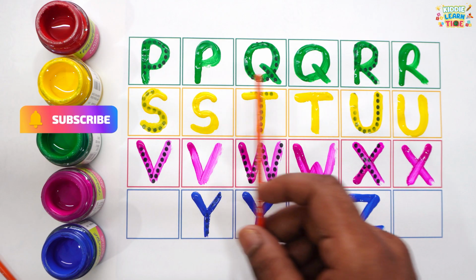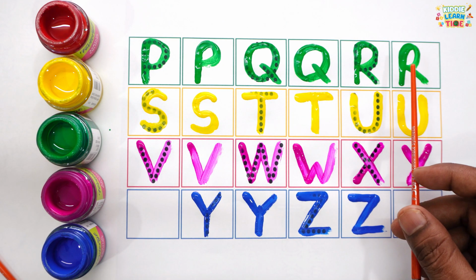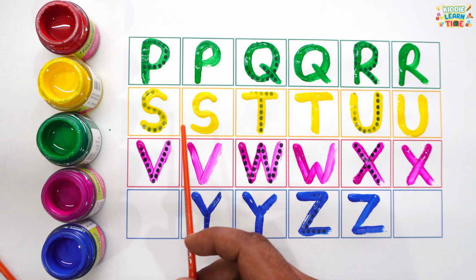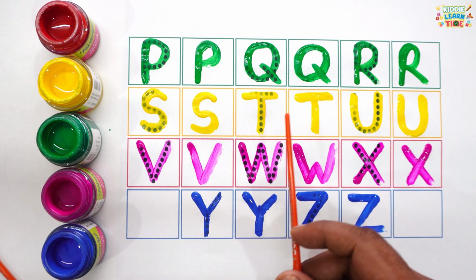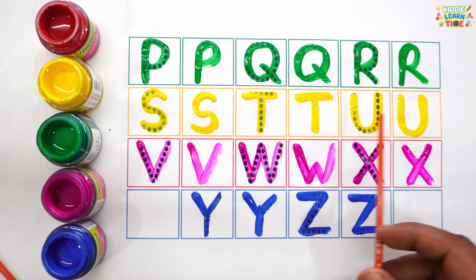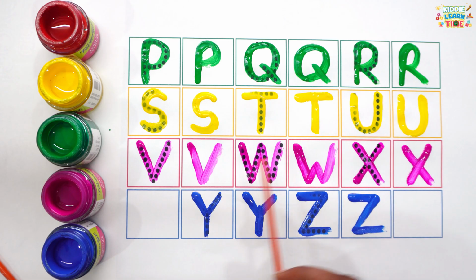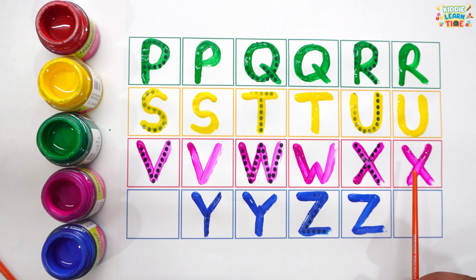P for parrot, Q for queen, R for rabbit, S for sun, T for tiger, U for umbrella, V for van, W for watch, X for xylophone, Y for yak, Z for zebra.